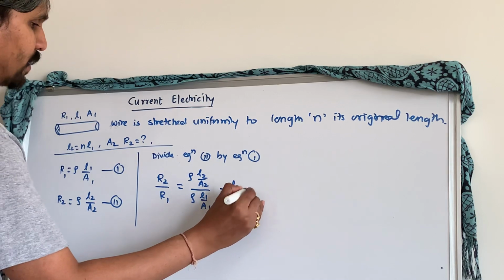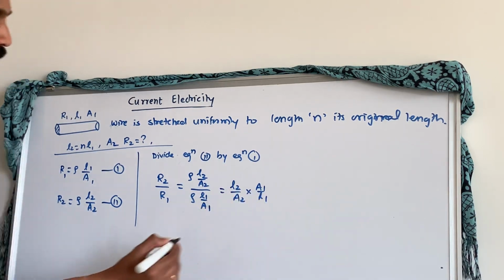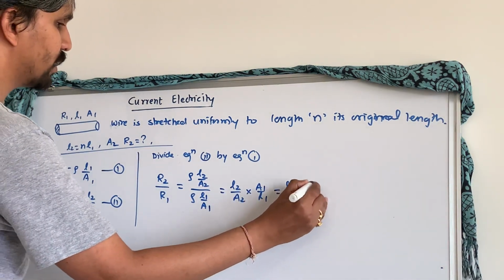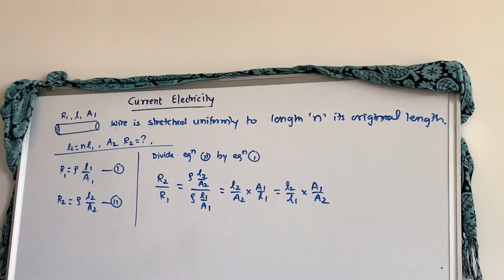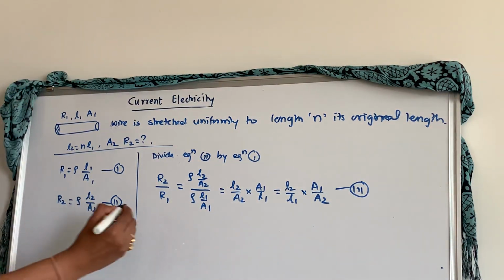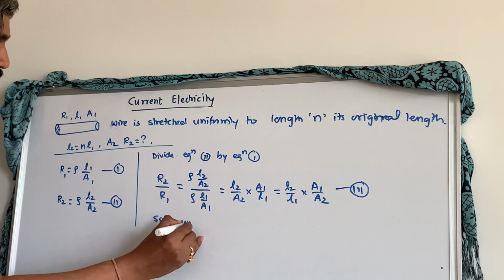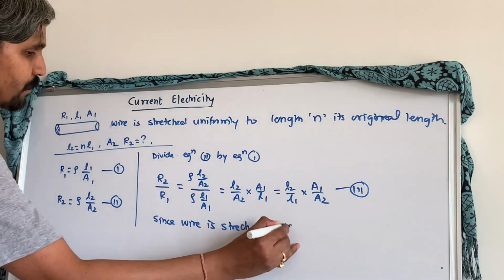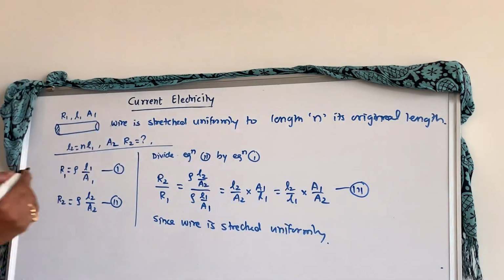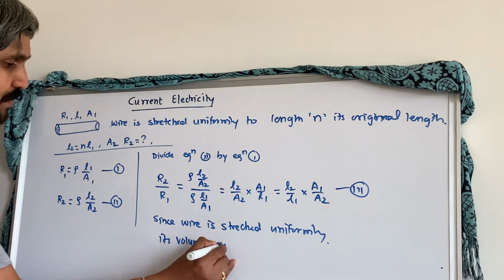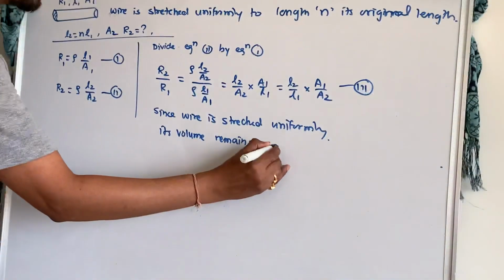This is L2 upon A2 into A1 upon L1. I'll just rearrange this term. This is L2 by L1 into A1 upon A2. This is equation number 3. Now, since the wire is stretched uniformly, its volume remains the same.